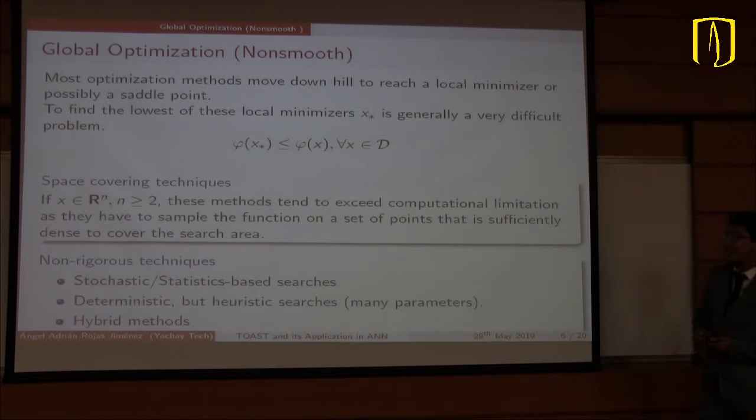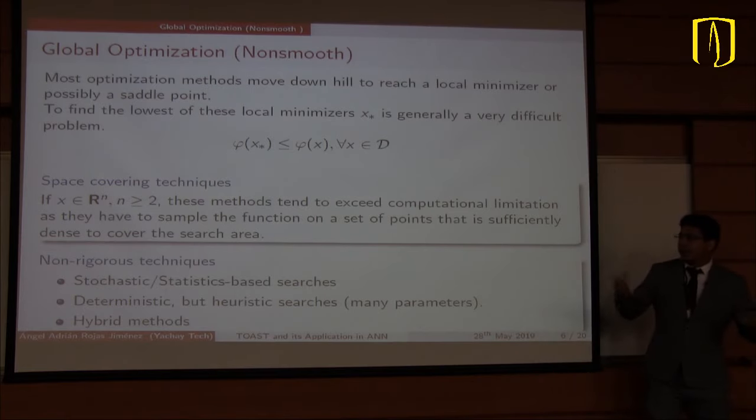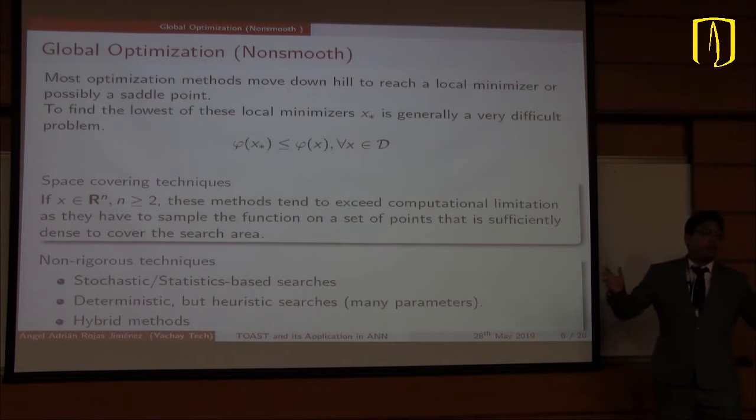The other techniques are non-rigorous, that is, they use some stochastic and statistical functions in order to search for the minima. And the other is deterministic but heuristic searches, that is, the trajectory is calculated by a deterministic model, like an equation.